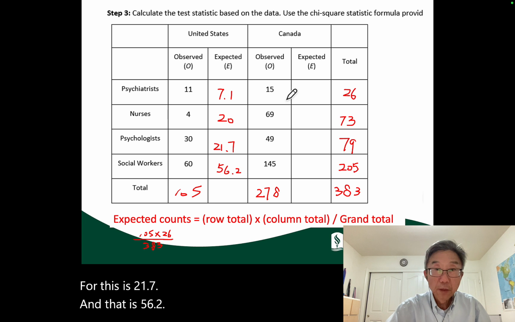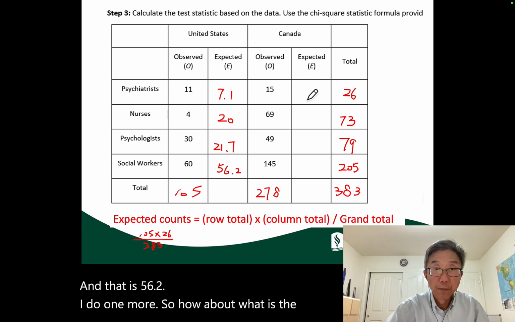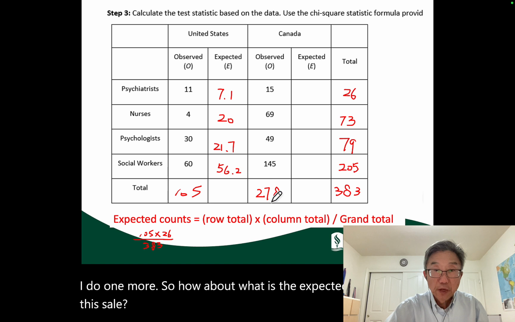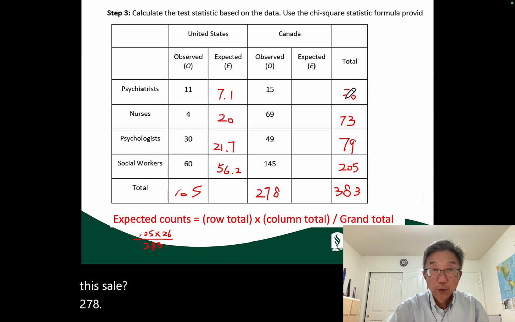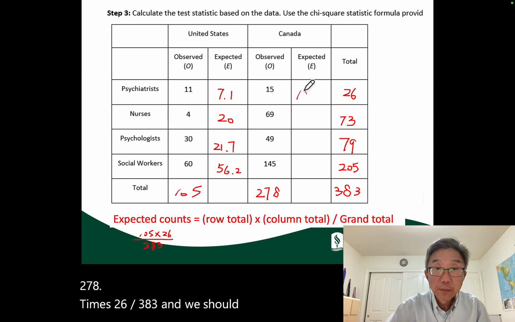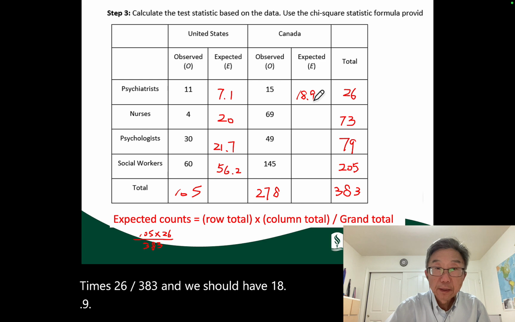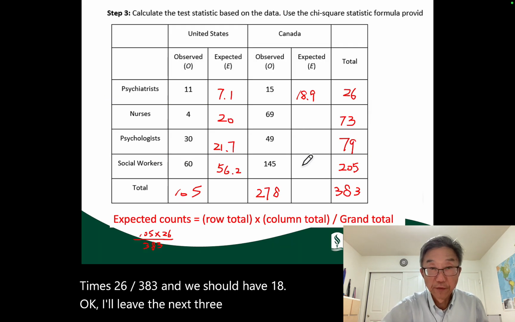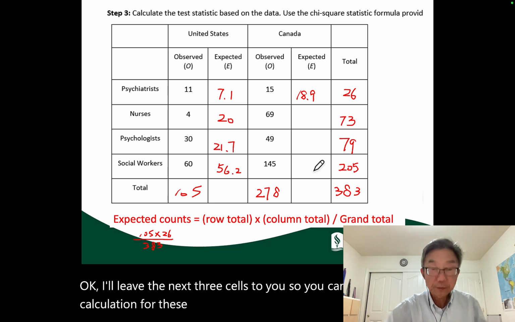I'll do one more. What is the expected frequency for this cell? 278 times 26 divided by 383. And we should have 18.9. Okay, I'll leave the next 3 cells to you, so you can finish the calculation for these 3 cells.